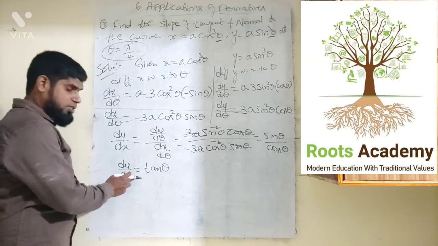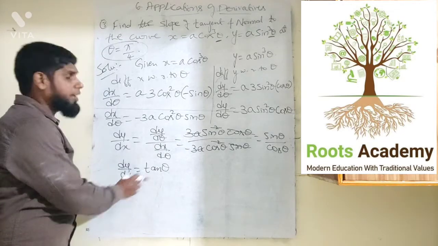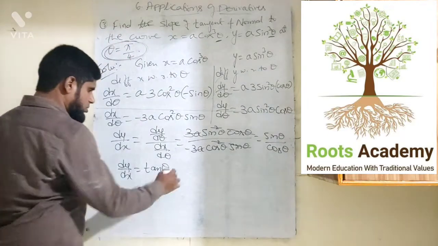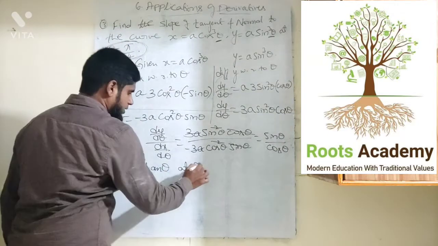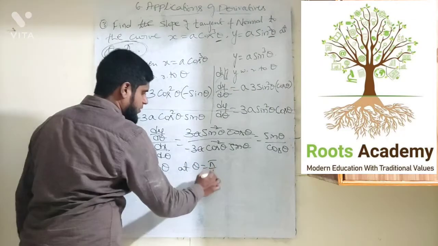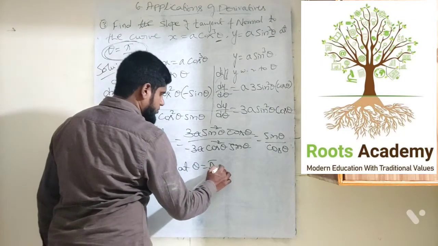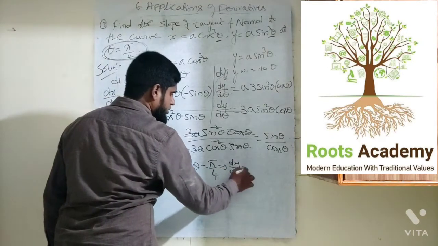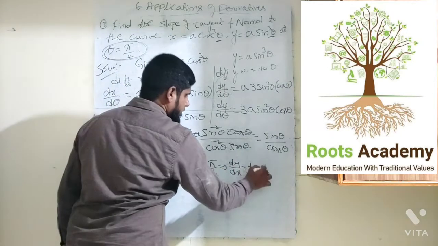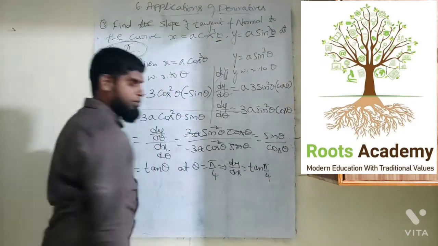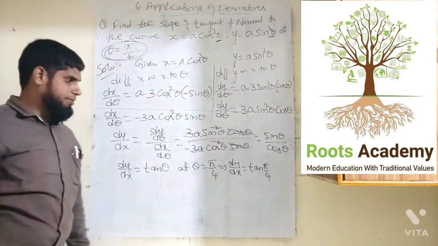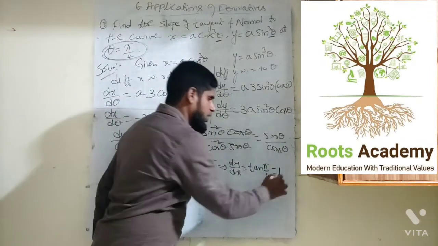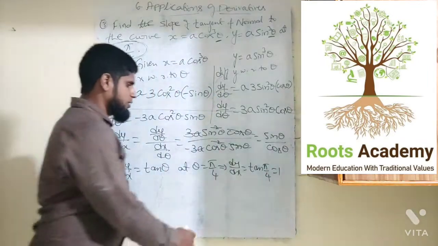Now this dy by dx we should find at theta is equal to pi by 4. And theta is equals to pi by 4, dy by dx is equals to tan pi by 4, tan 45 degree. So its dy by dx is 1, tan 45 degrees is 1.